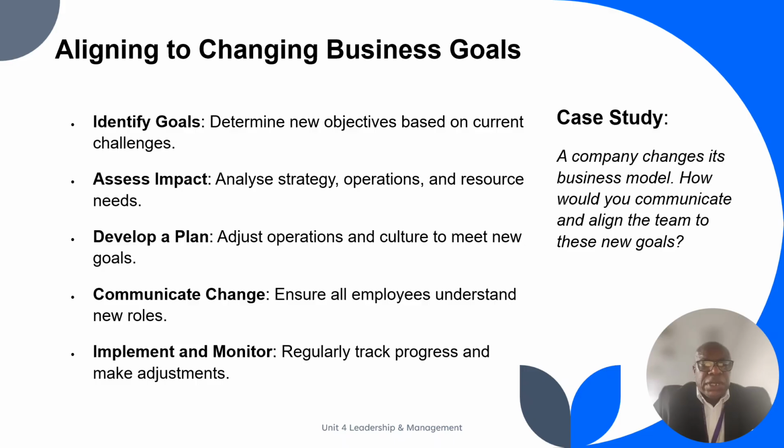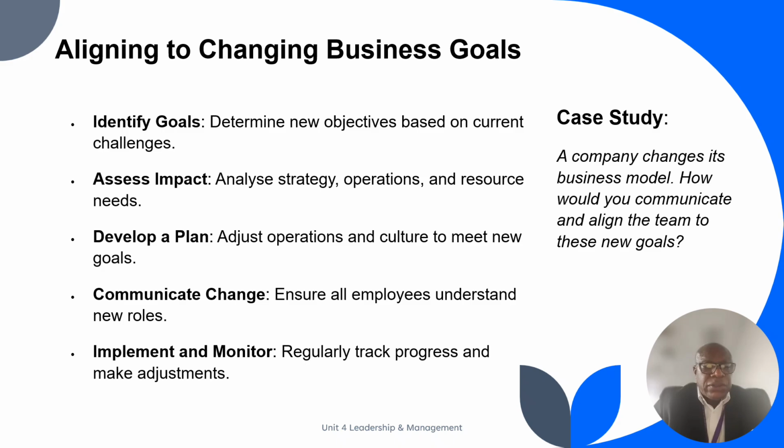Adjust operations and culture to meet new goals, and develop a plan that you will use to move towards that goal. Then you communicate the change to ensure that all employees understand the new roles and are happy with it. And then you implement and monitor it.